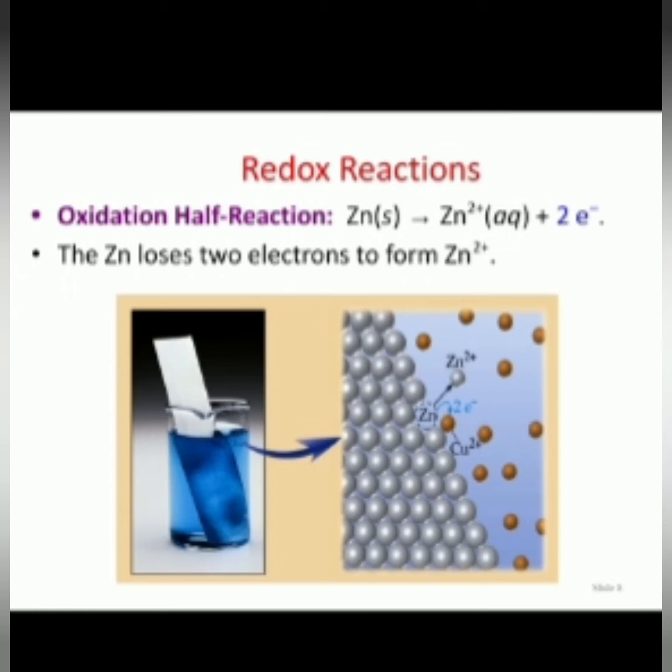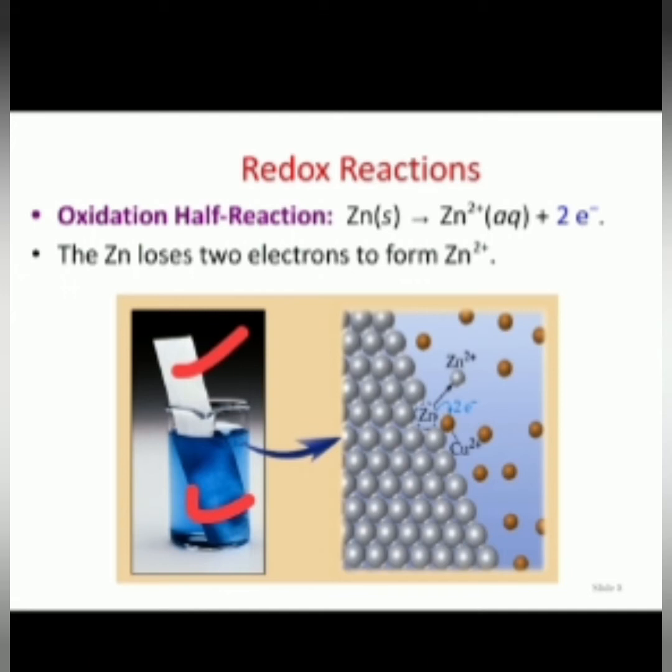When we place a zinc strip into copper sulfate solution, the color of the copper sulfate solution is blue, and the color of the zinc strip is silver. Copper sulfate solution here acts as an electrolyte.